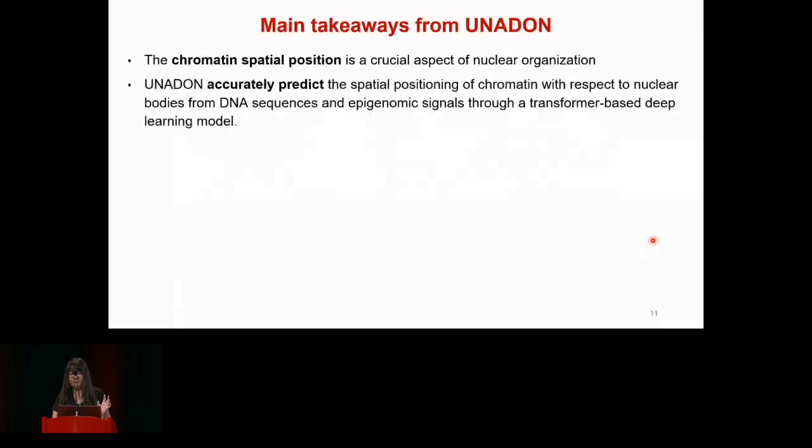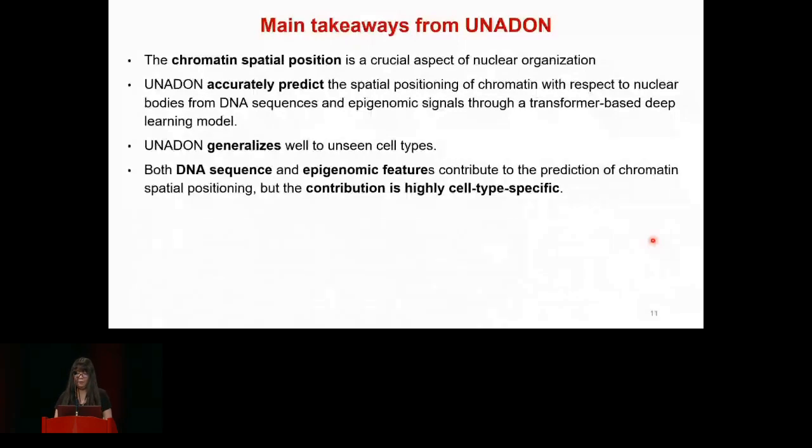So to summarize, we started by explaining that chromatin spatial positioning is a crucial aspect of nuclear organization, and it is important for understanding the interplay between nuclear structure and function. So we developed UNADON, a transformer-based deep learning model, to accurately predict the chromatin spatial positioning from 1D genomic features. UNADON not only performs well in single cell type experiments, but also generalizes well to unseen cell types.